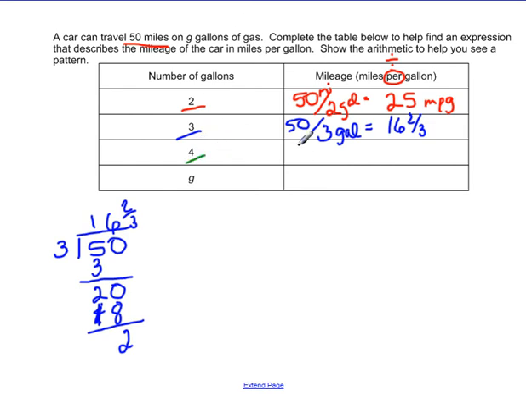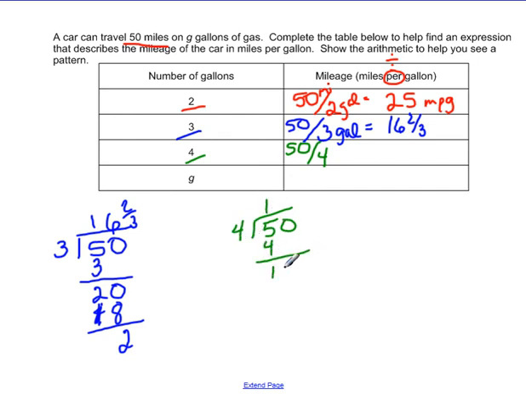Okay, so again we're going to take our 50 miles divided by my 4 gallons, and again 4 doesn't go evenly into 50, so let's go ahead, because we're talking about gallons, it's going to make more sense to think about this as a mixed number. 4 goes into 5 once.